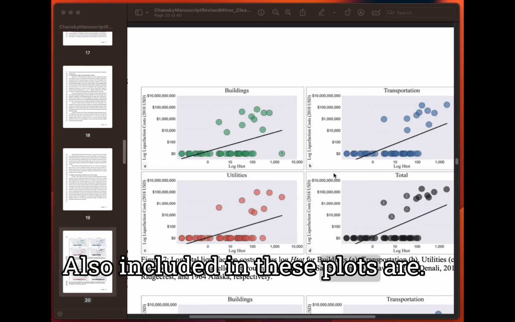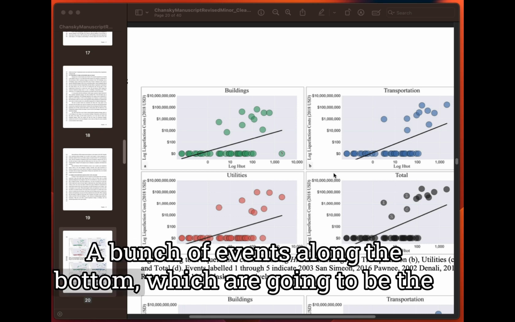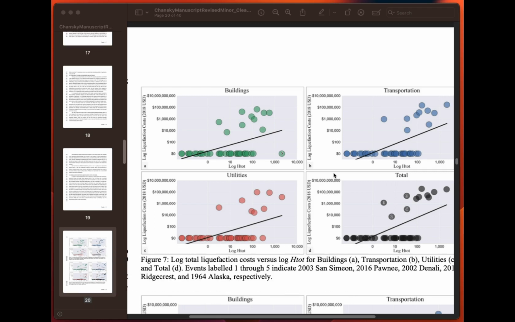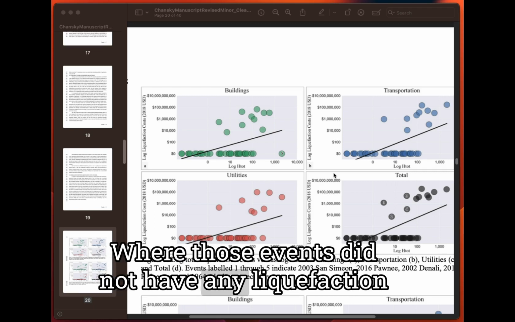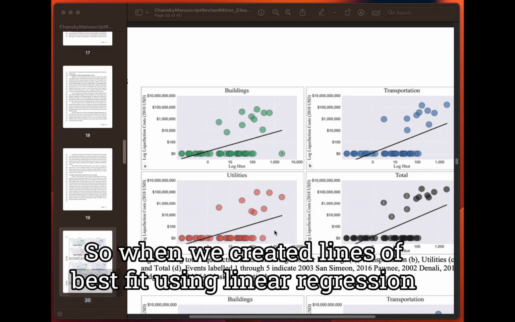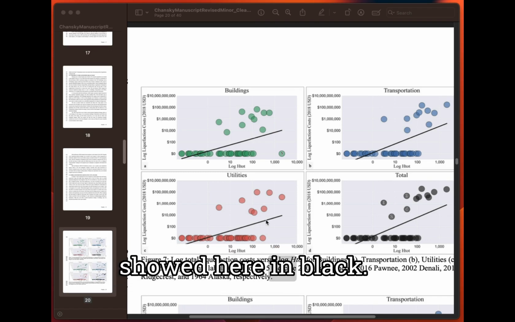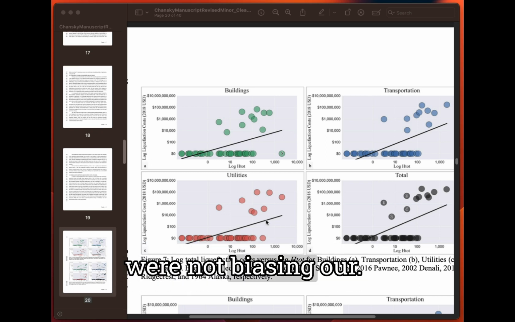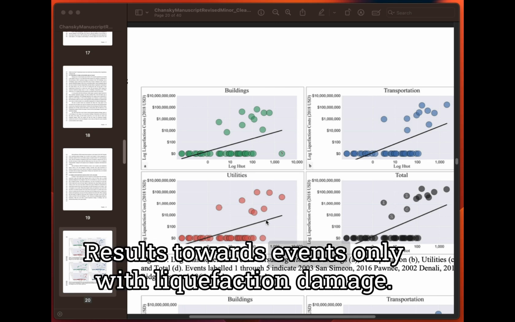Also included in these plots are a bunch of events along the bottom, which are going to be the remainder of the 42 US events greater than magnitude 5.0, where those events did not have any liquefaction losses associated with them. So when we created lines of best fit using linear regression, showed here in black, those points were included to make sure that we were not biasing our results towards events only with liquefaction damage.